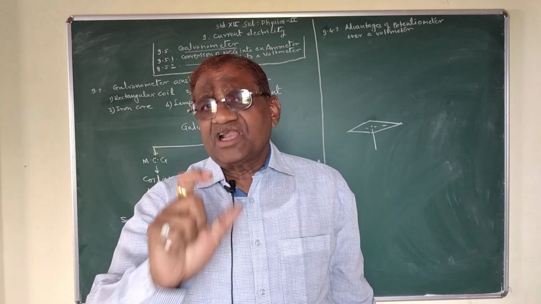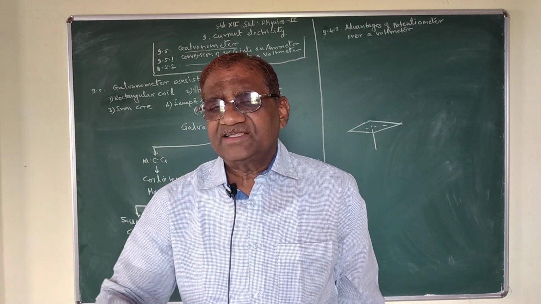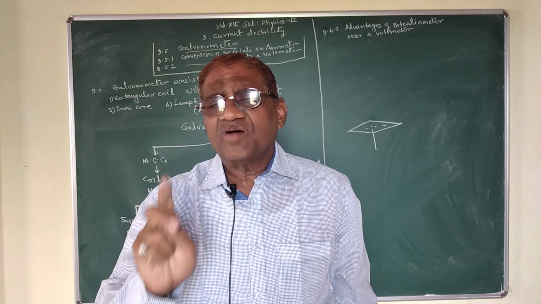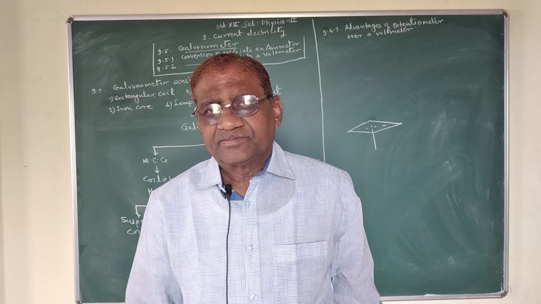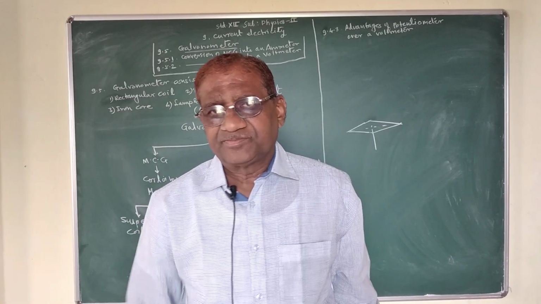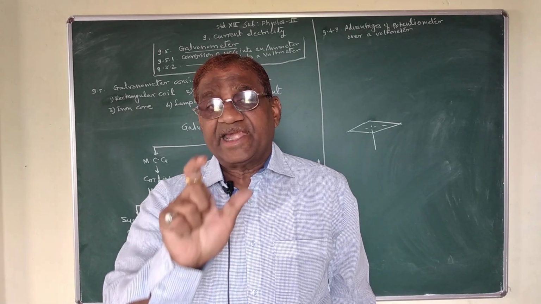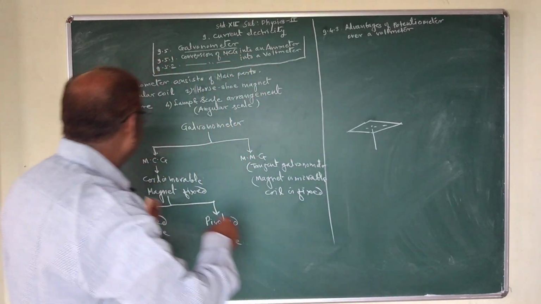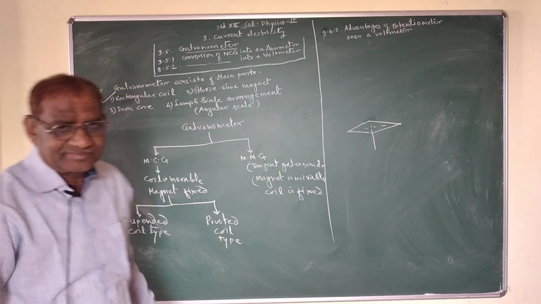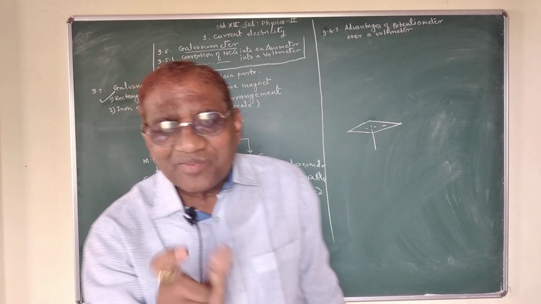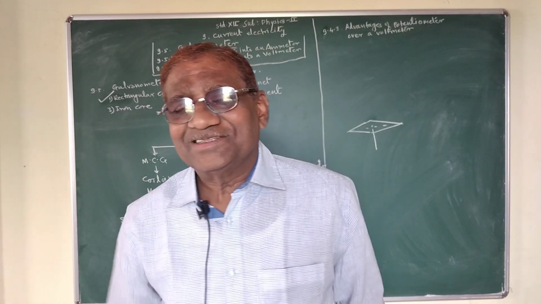Now the construction of moving coil galvanometer: it consists of some main parts. First part is rectangular coil. What type of construction is the rectangular coil?